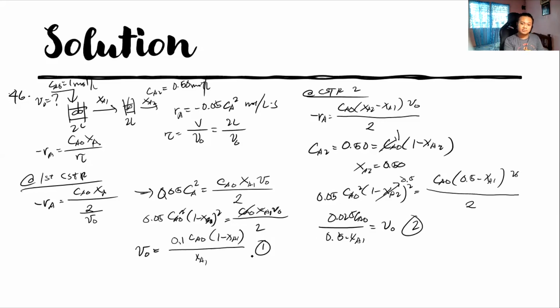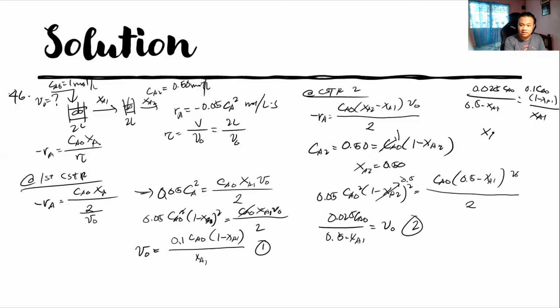If you equate them both, we have 0.025 CaO over 0.5 minus XA1 is equal to 0.1 CaO times 1 minus XA1 over XA1.